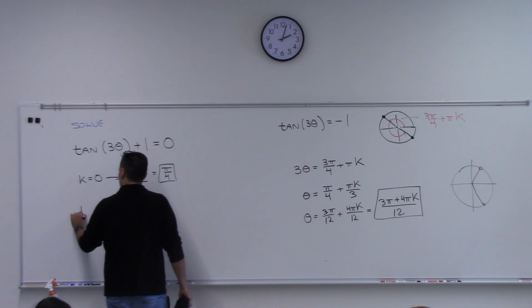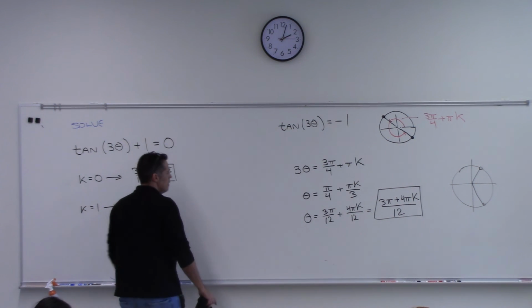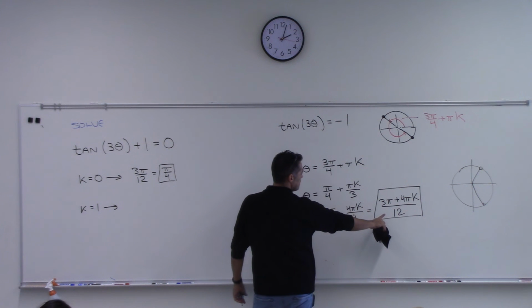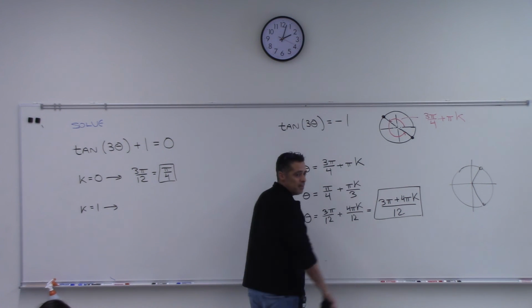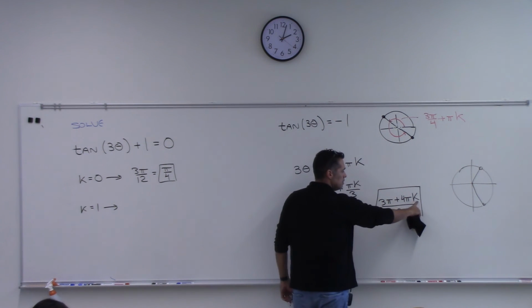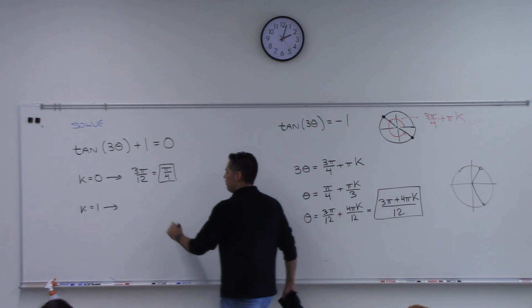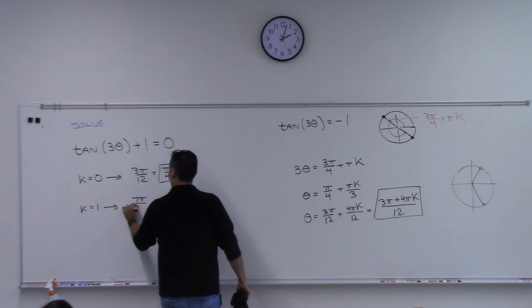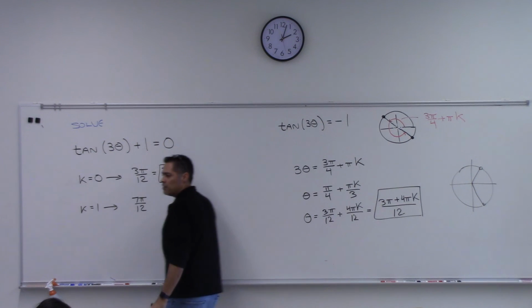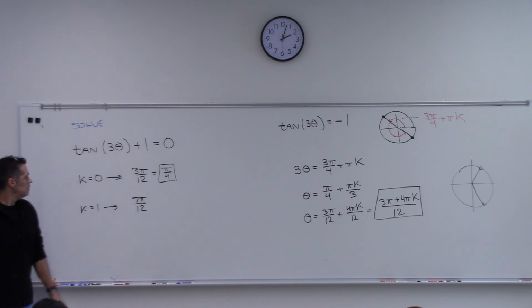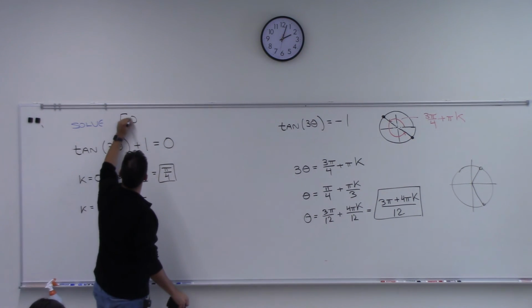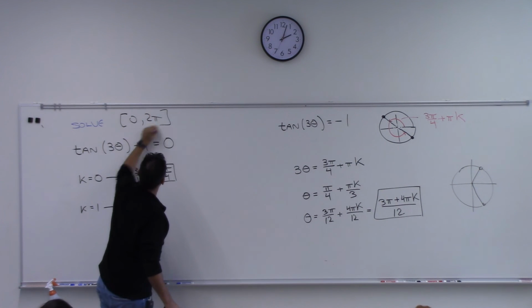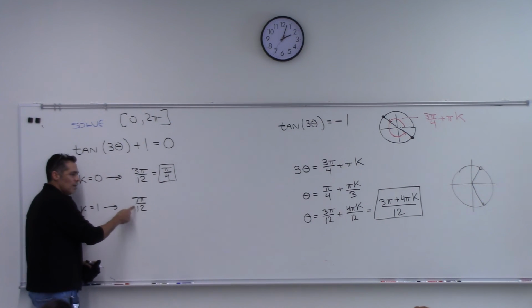If k is 1, now it's 7 pi on top, right? Is 7 pi over 12 in that interval? Remember, we're looking between 0 and 2 pi. Well, 7 divided by 12 is smaller than 2, so this is still a good answer.